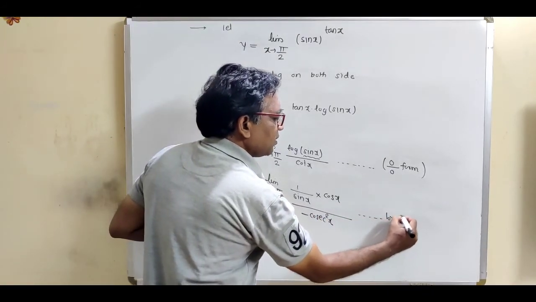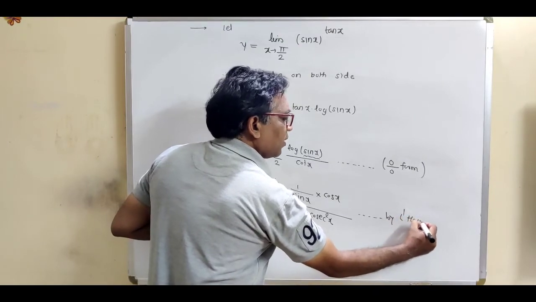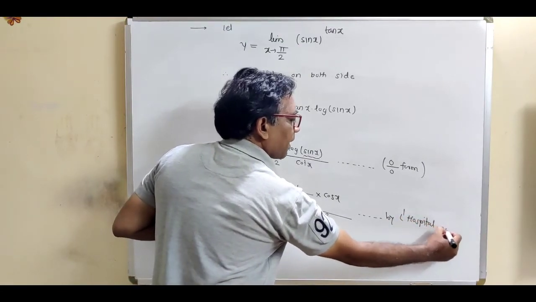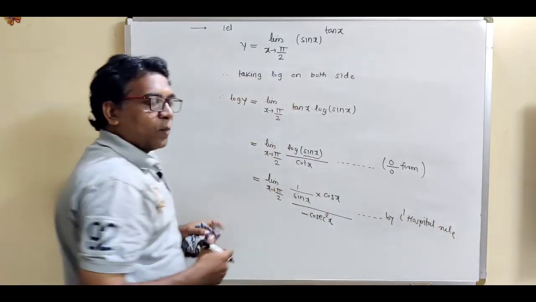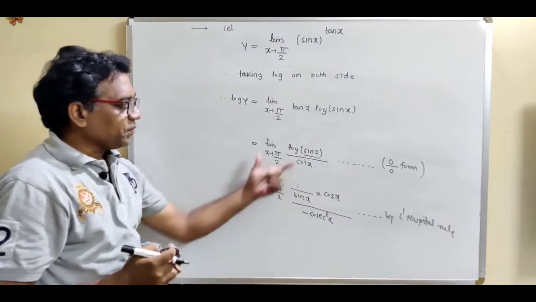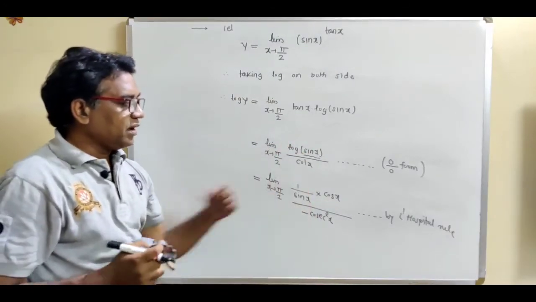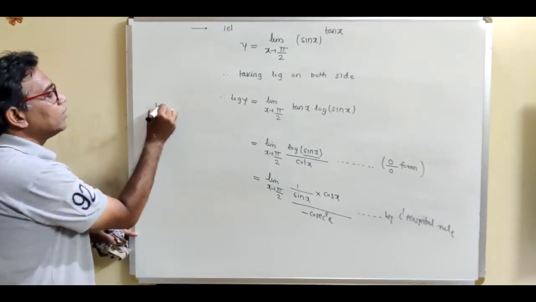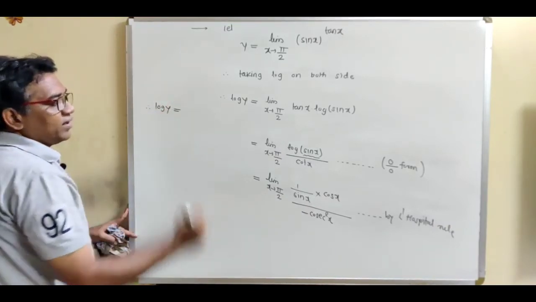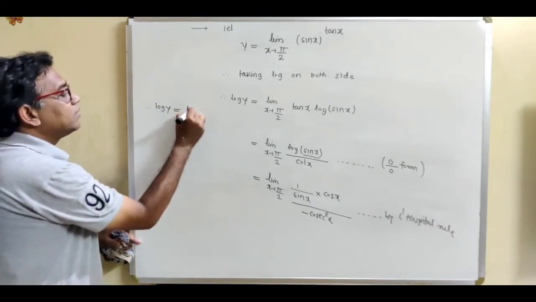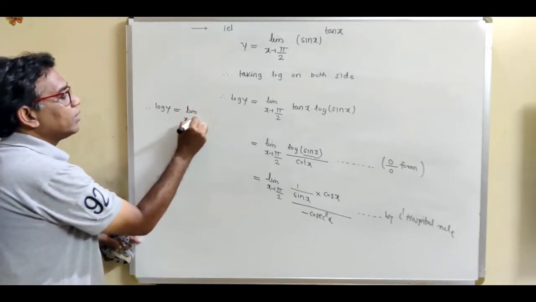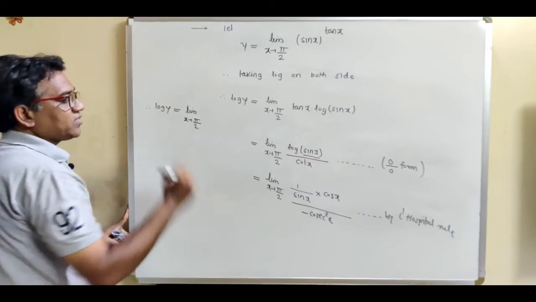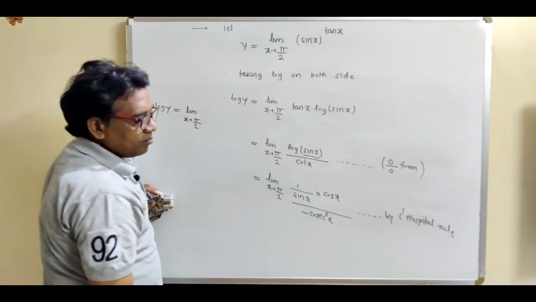Just give the reason by L'Hopital rule. So this is called L'Hopital rule. Just take the separate derivative, derivative of numerator divided by derivative of denominator. So log y is equal to the limit x tends to pi by 2.